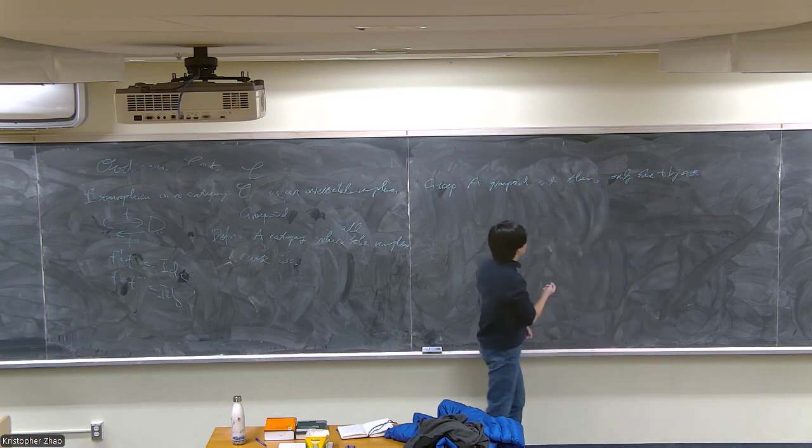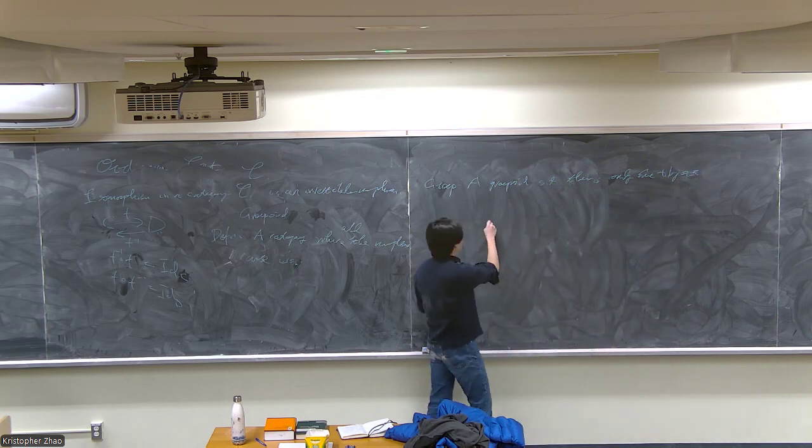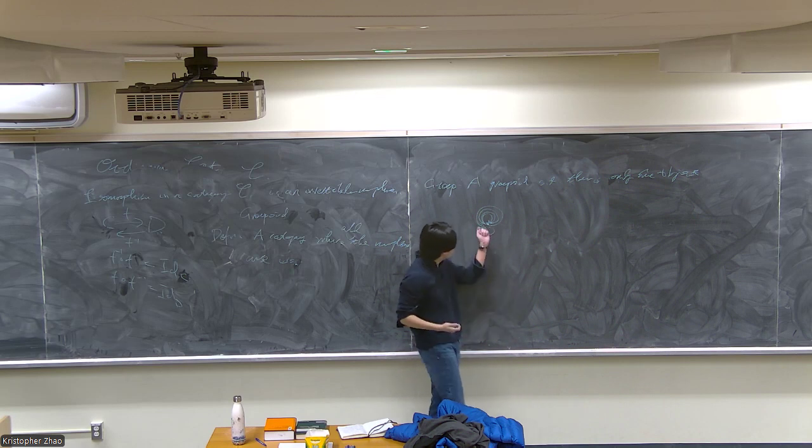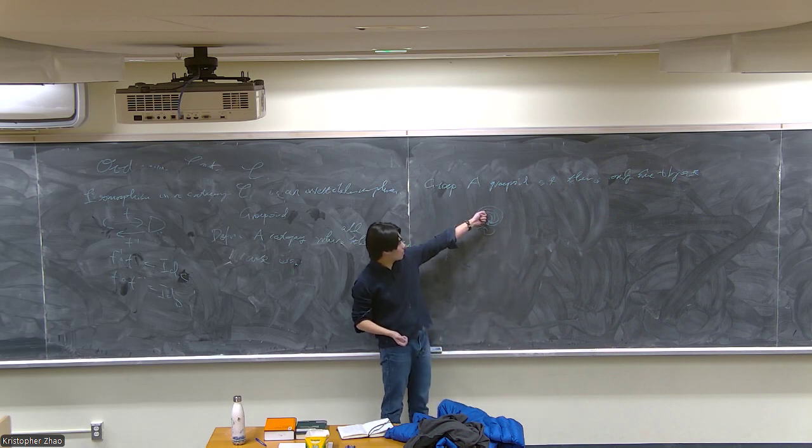So a group looks like this, and one should understand these morphisms as elements.